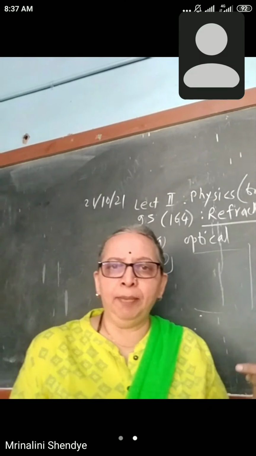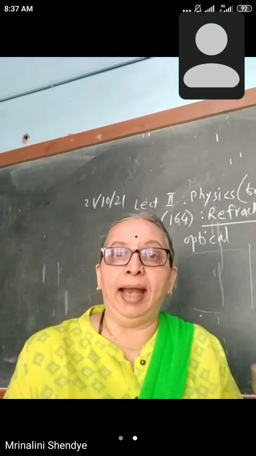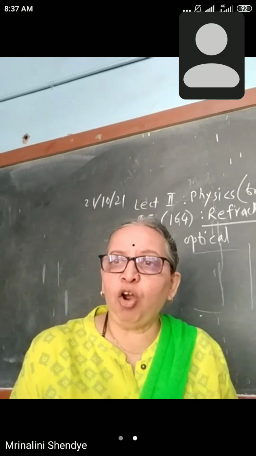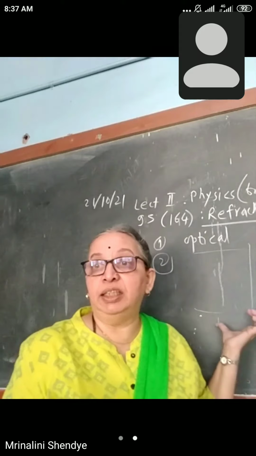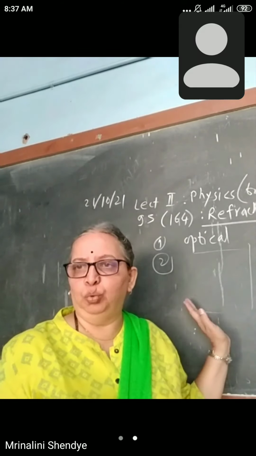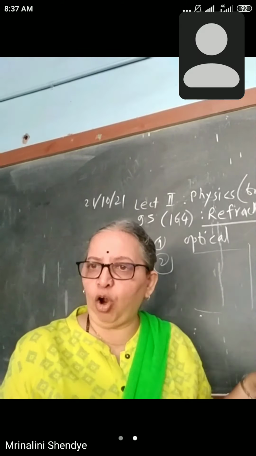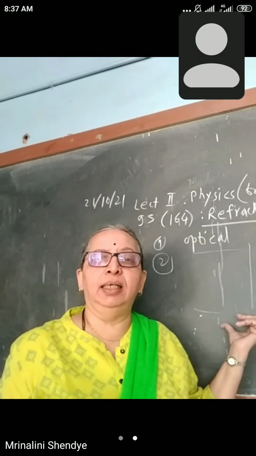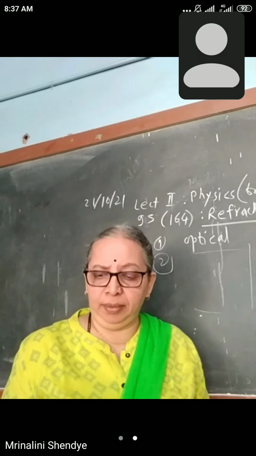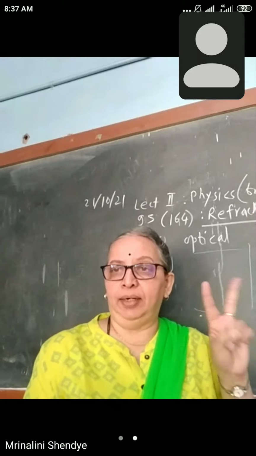The medium which has larger optical density is considered denser out of these two, and the one which has smaller optical density is considered the rarer medium. So this is the second feature.